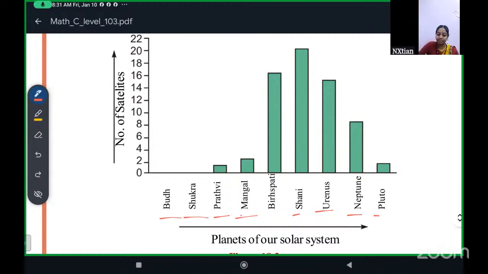Yes, Abraham. Ma'am, either Brihaspati or Shani will be Jupiter or Neptune. Saturn or Jupiter, right, ma'am? Yes, but I think Saturn is Shani. So, ma'am, Brihaspati is Jupiter, the second highest of all the satellites.